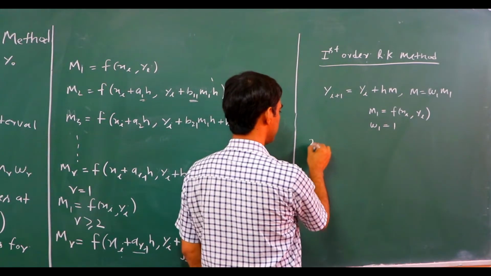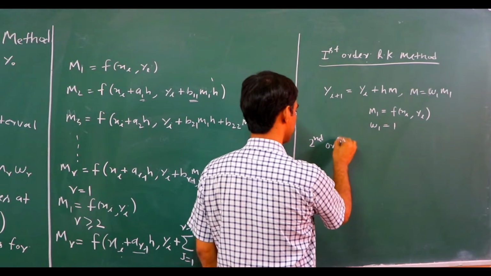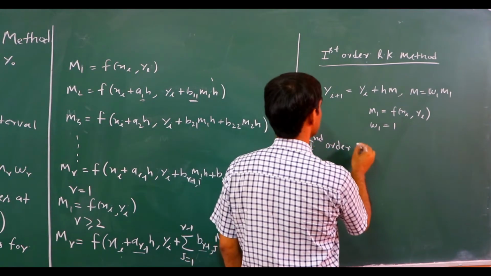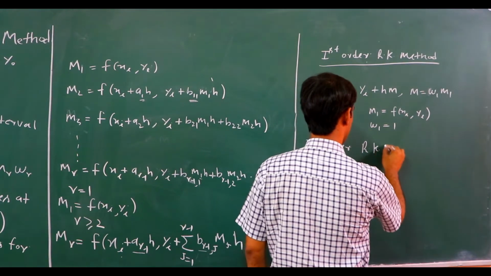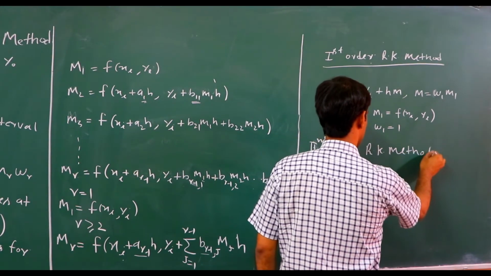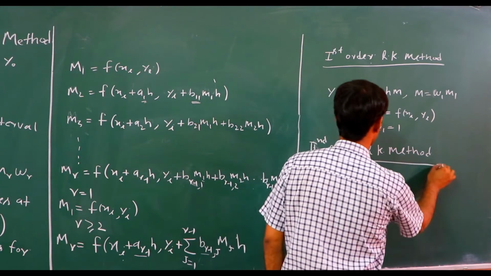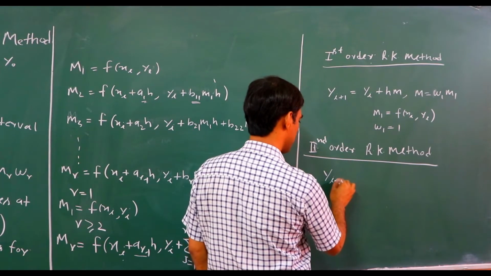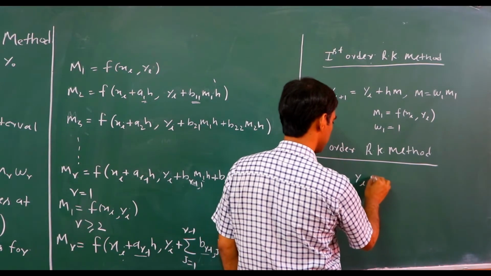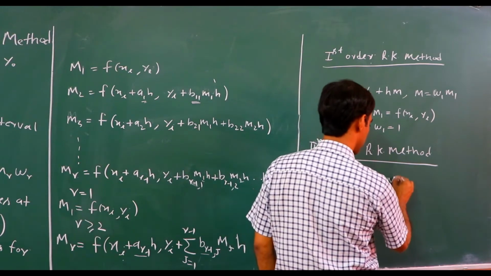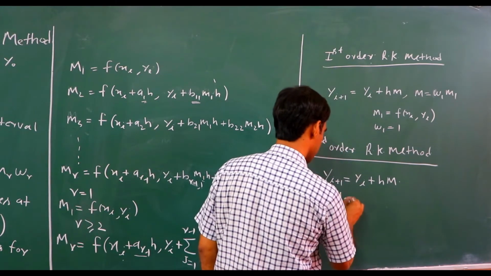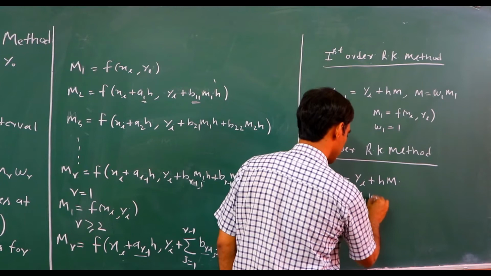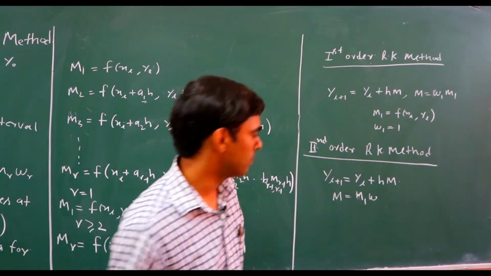For second order RK methods, how do we write the iterative scheme? Here we write the iterative scheme in this way: y_{i+1} = y_i + h m, where m is W1 M1 plus W2 M2.